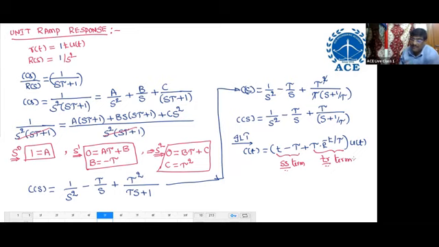We write C of t here. C of t is t minus tau plus tau e power minus t by tau, u of t. So now draw the response.